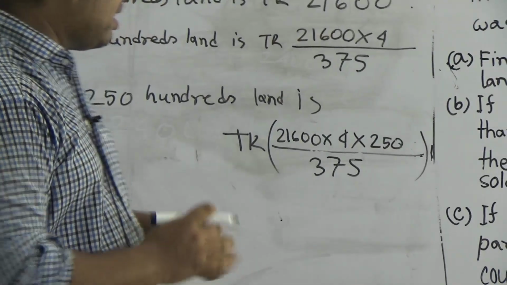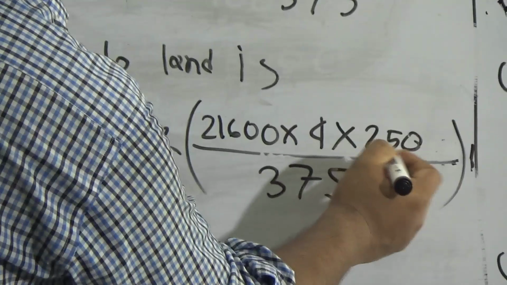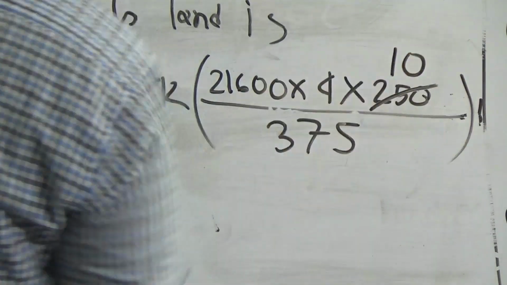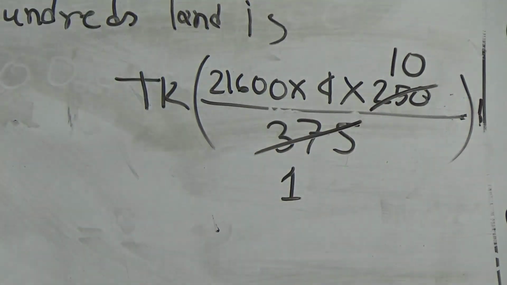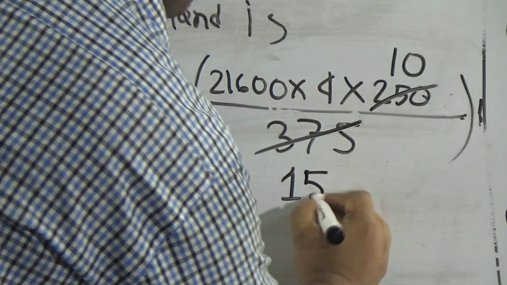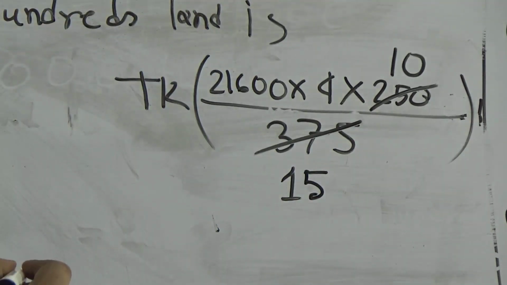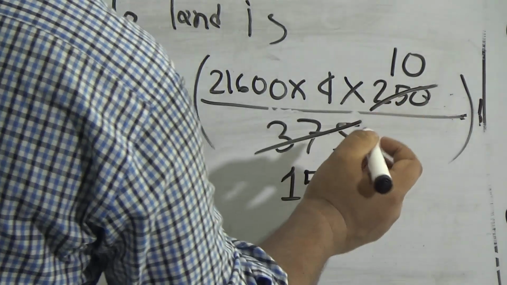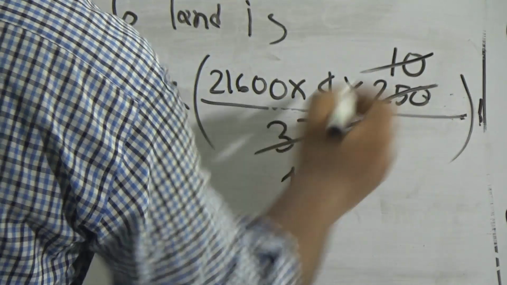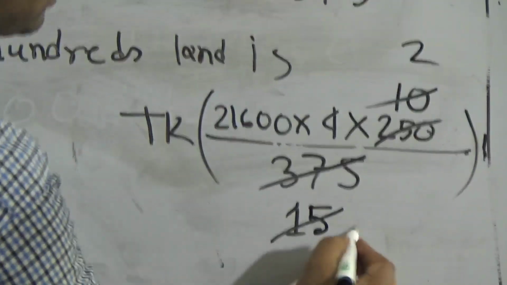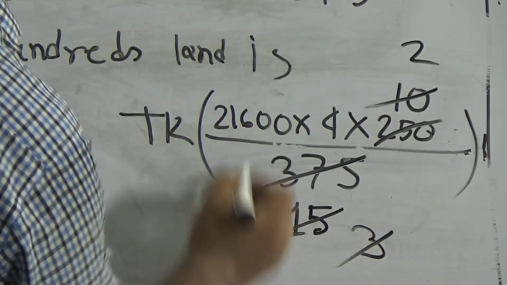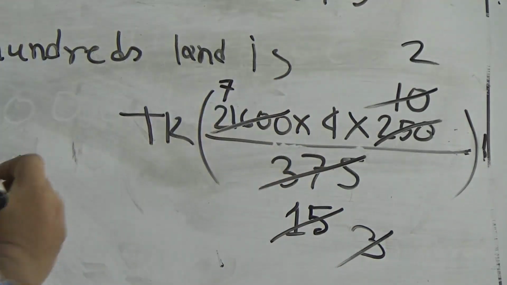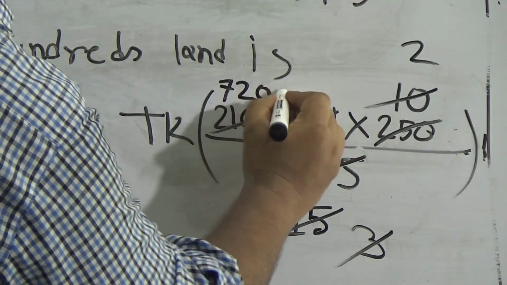Now my dear students, we cut this by 25. In 250, 25 goes in 10 times. In this 25 goes in 25 one time, and 25 5s are 125. Now we cut this number again by 5. 5 2s are 10 and 5 3s are 15. And now we cut this by these 3. 3 7s are 21 and 3 2s are 6 and this 0 is here.